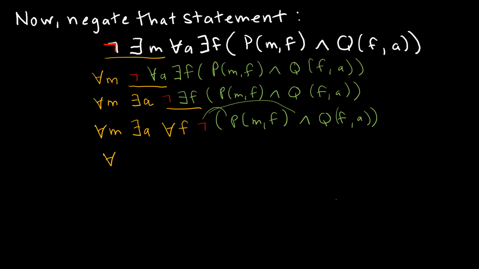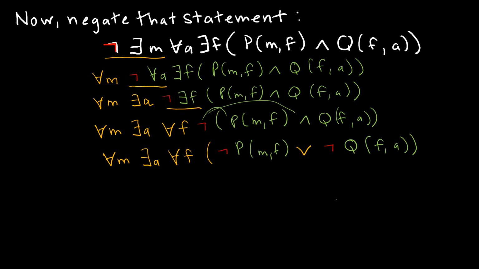So I can say, for all M, there exists an A, such that for all F, not P(M,F), and then of course I'm going to switch this to or because that is what De Morgan's law says, and then not Q(F,A). So that is as far as I can go. So this is the negation of the statement.